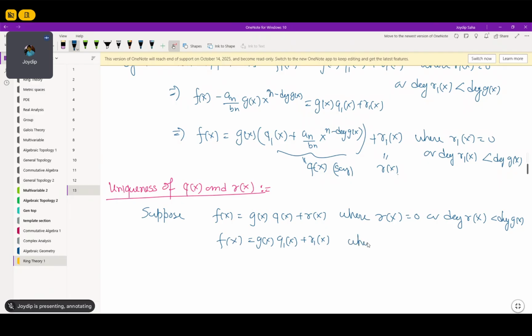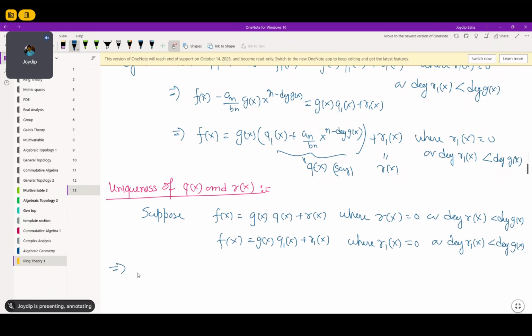Similarly, r1(x) is 0 or degree r1(x) is less than degree g(x).